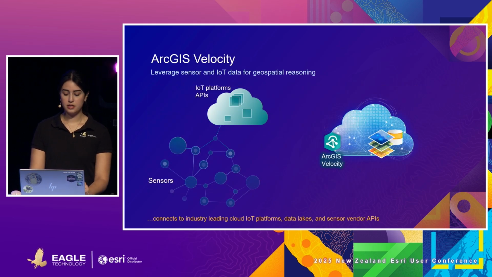Okay, up next, ArcGIS Velocity. This is a powerful engine for ingesting real-time data and performing real-time analysis. And as you're accumulating the historical data that's coming from your feeds, you can perform big data analysis.